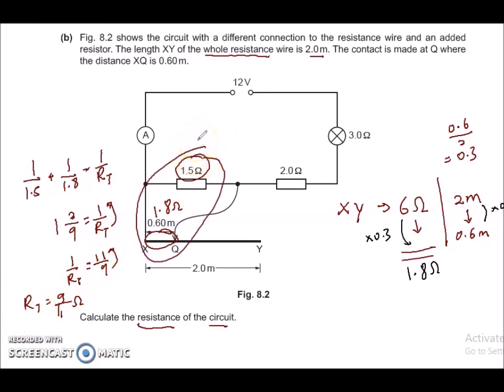Okay, and then you have to plus with the 2 and the 3. Yeah, plus with 5, because this is a series connection. So your 9 over 11 plus 2 plus 3. Total up you'll be getting there 5.8.